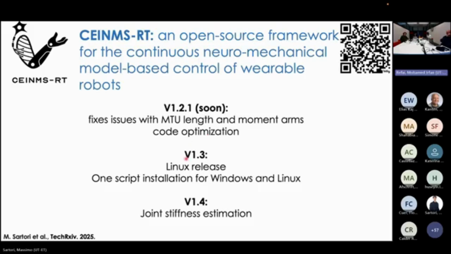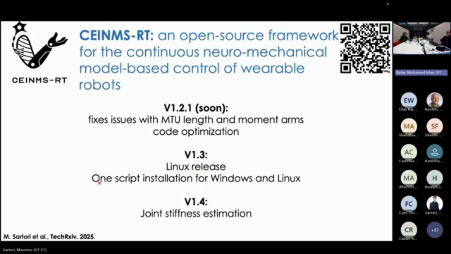Then we are expecting release 1.3 in the beginning of 2026, which will include a Linux release of CEINMS. So we will have Linux installations of CEINMS, and at that level, we will be able to support both Windows and Linux.